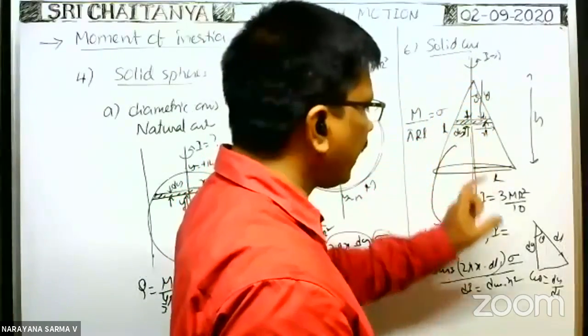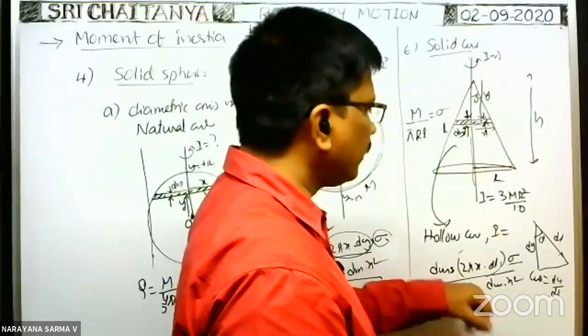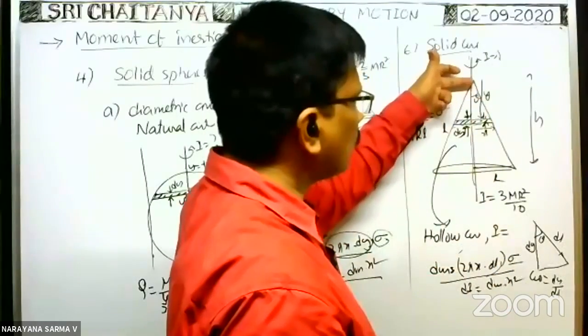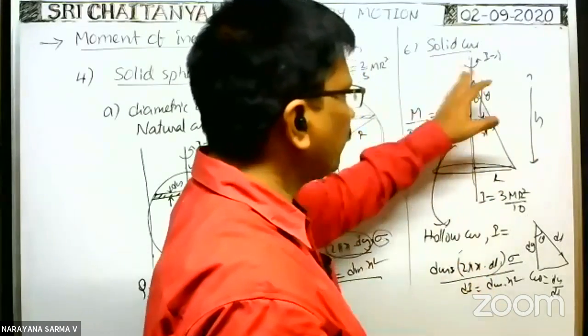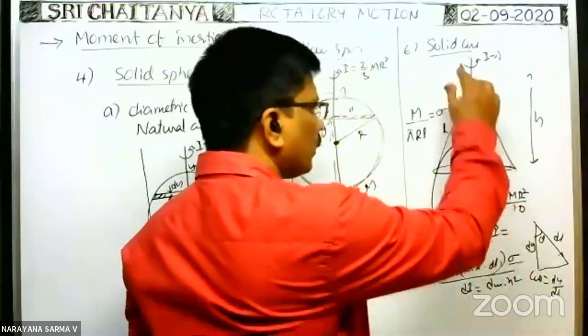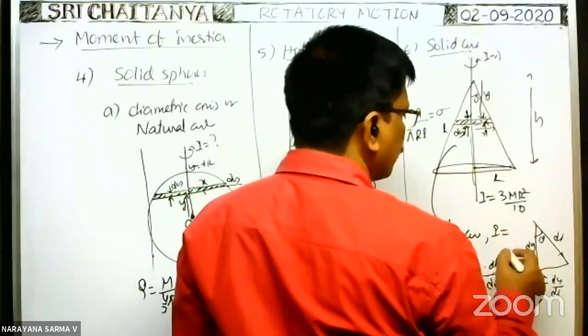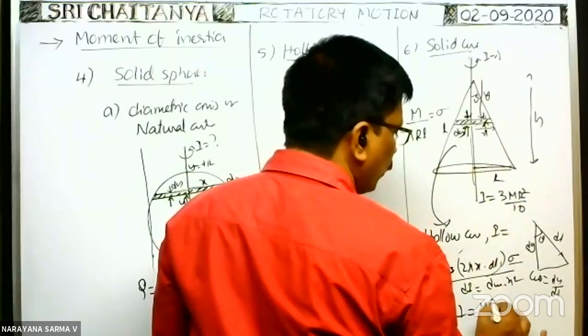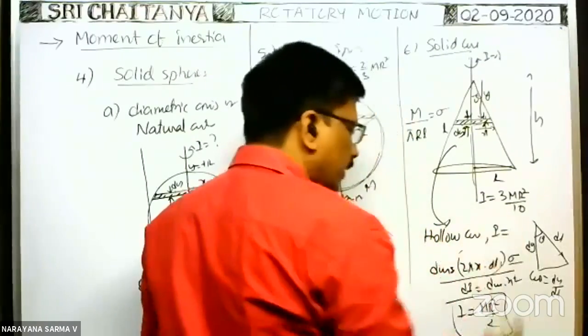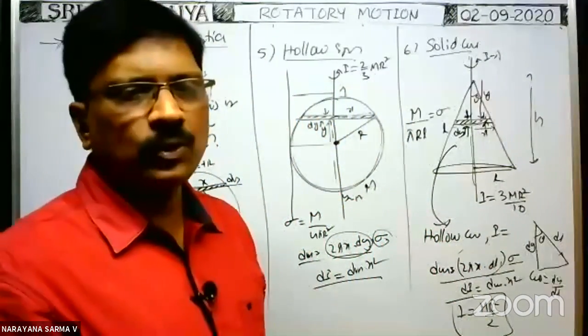So by using that value, you substitute x here. You integrate between the limits y equal to 0 to y equal to h. Then that gives the moment of inertia of this cone about this natural axis. After simplification, in case of a hollow cone, you will get M r squared by 2 only.